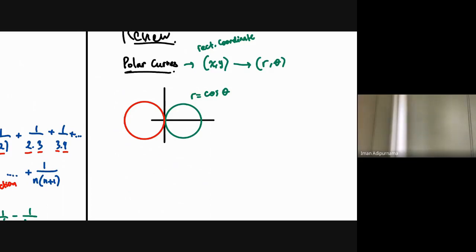You will make this mistake. For example, if I ask you to draw r cosine theta, the true answer is just this green one. But if you make a mistake and you think in XY coordinates, you will draw these two circles.